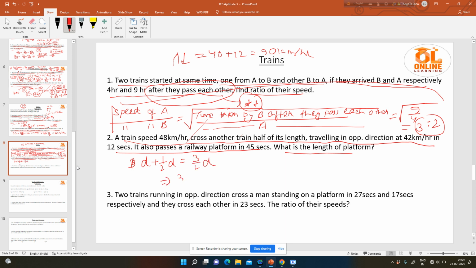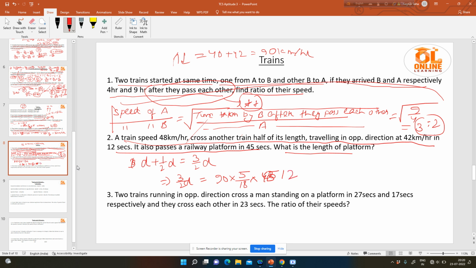So 3 by 2 d, that is the distance or the length, is equal to speed into time, as we know distance is equal to speed into time. The speed is 90 kilometers per hour and the time is in seconds, so you have to convert it: 90 into 5 by 18 into 12 seconds.